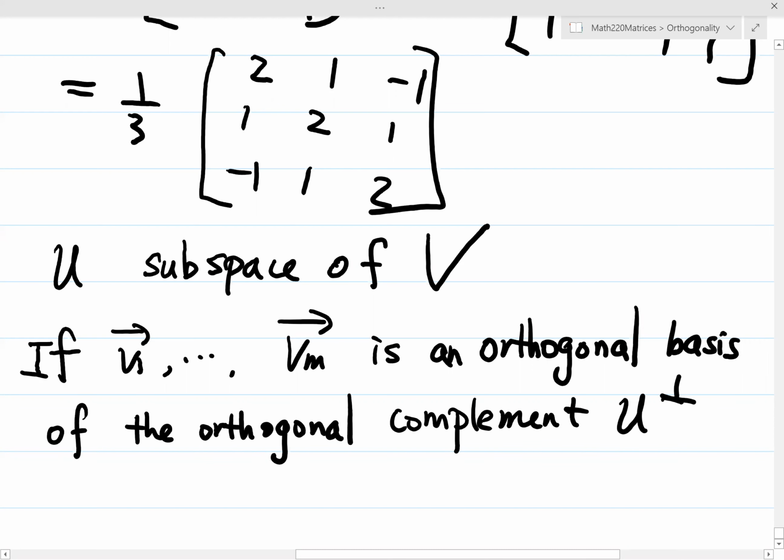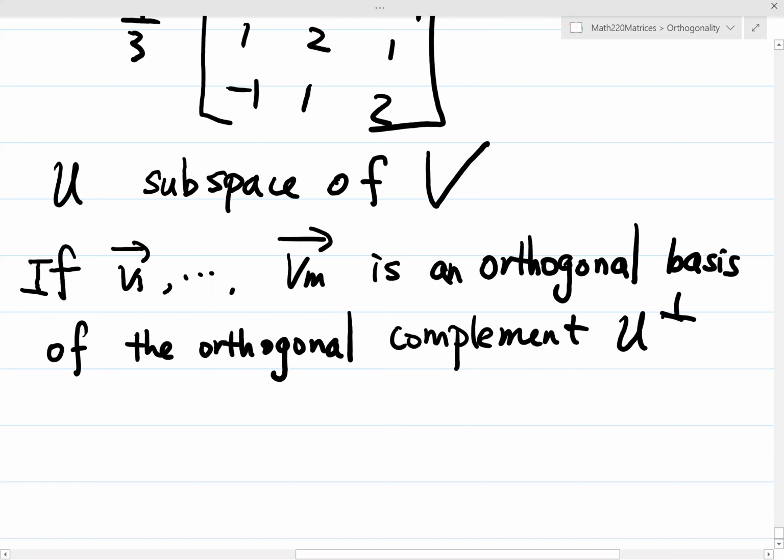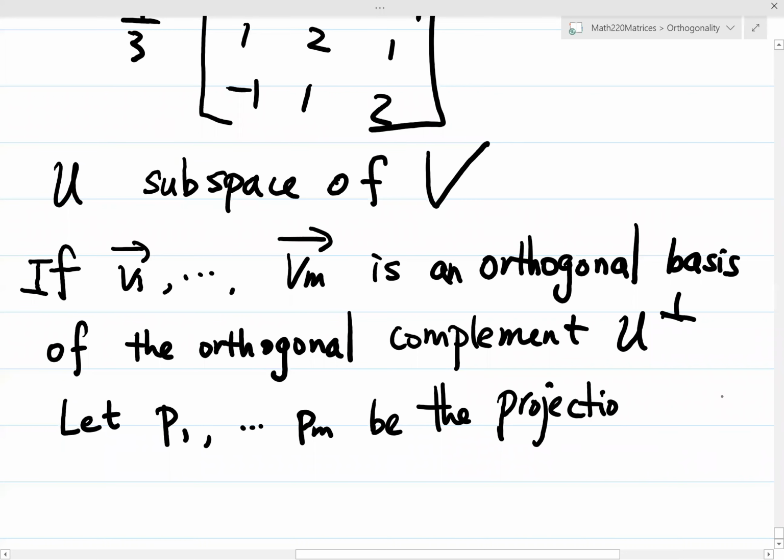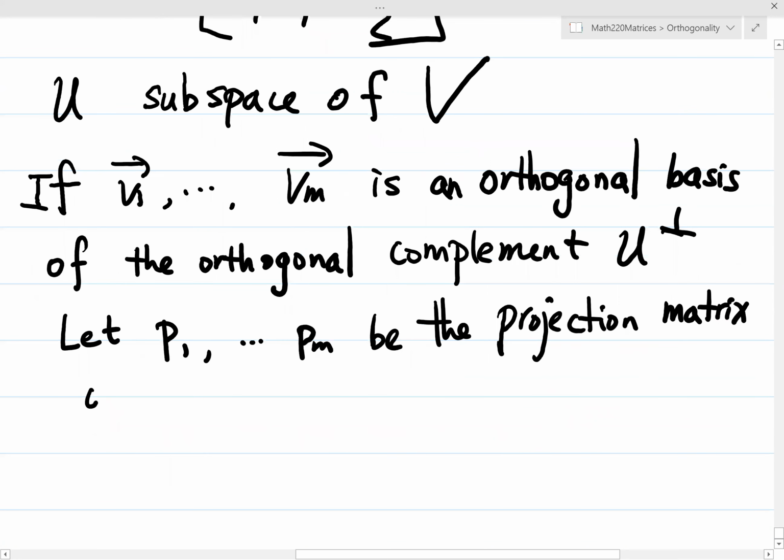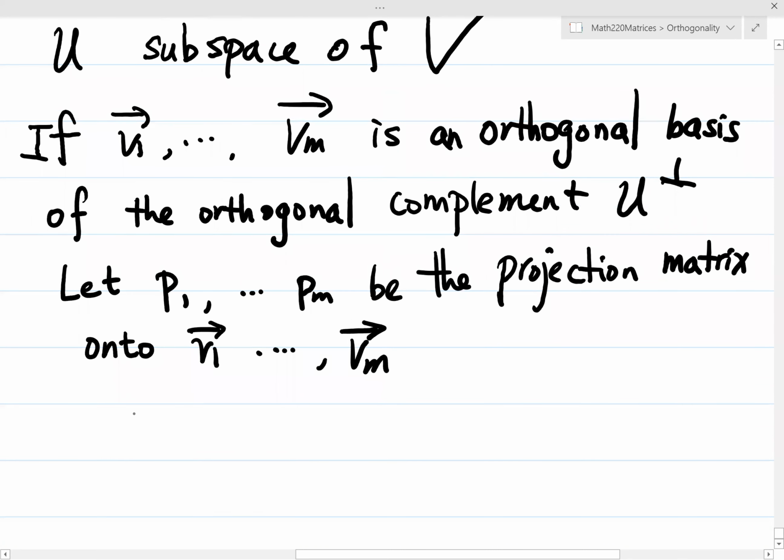Then let P1 through Pm be the projection matrices onto each direction, each vector V1 through Vm.